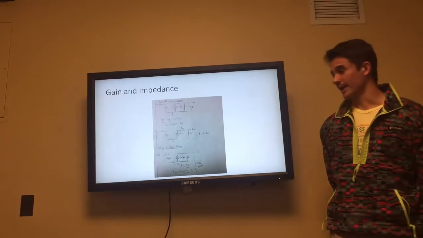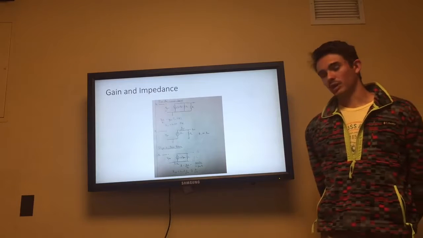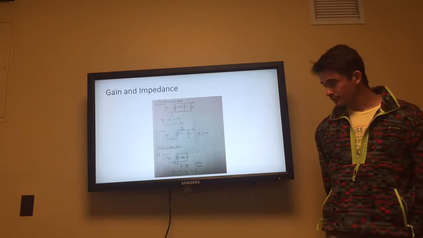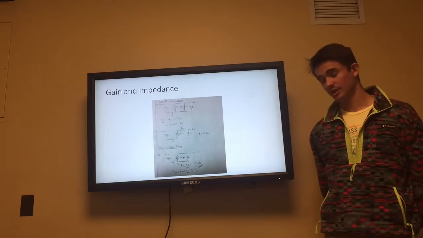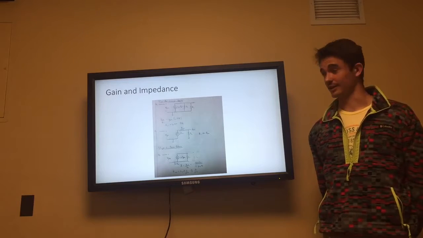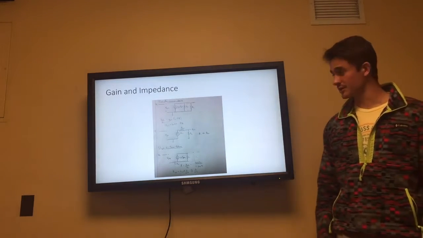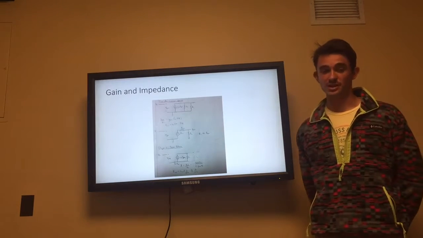You lose a little bit of your gain because v out over v in is gm2 R out 2 all over 1 plus gm2 R out 2. So you lose a little bit of your gain overall, but you lower your output impedance dramatically. Since you've lowered your output impedance, most of the drop is going to be across RL, so you're delivering maximum voltage to the speaker.